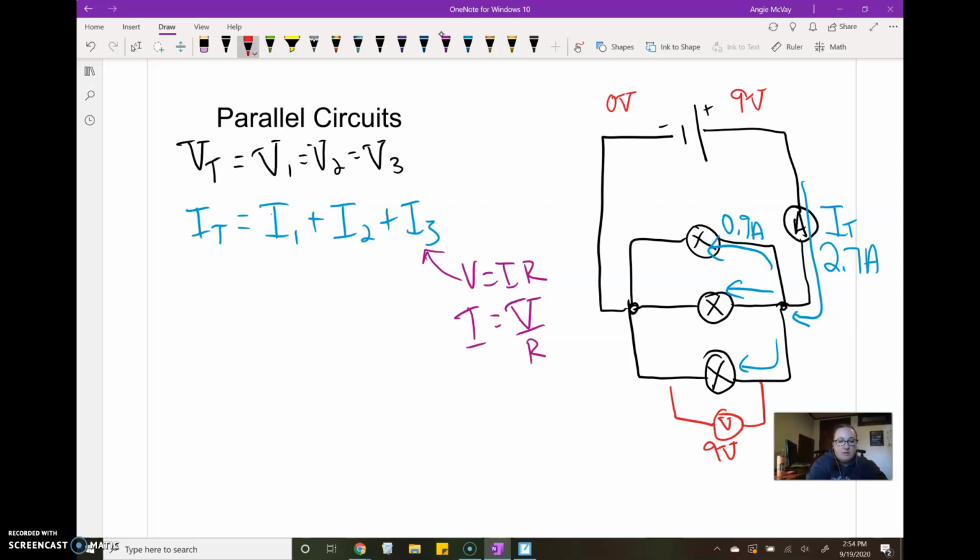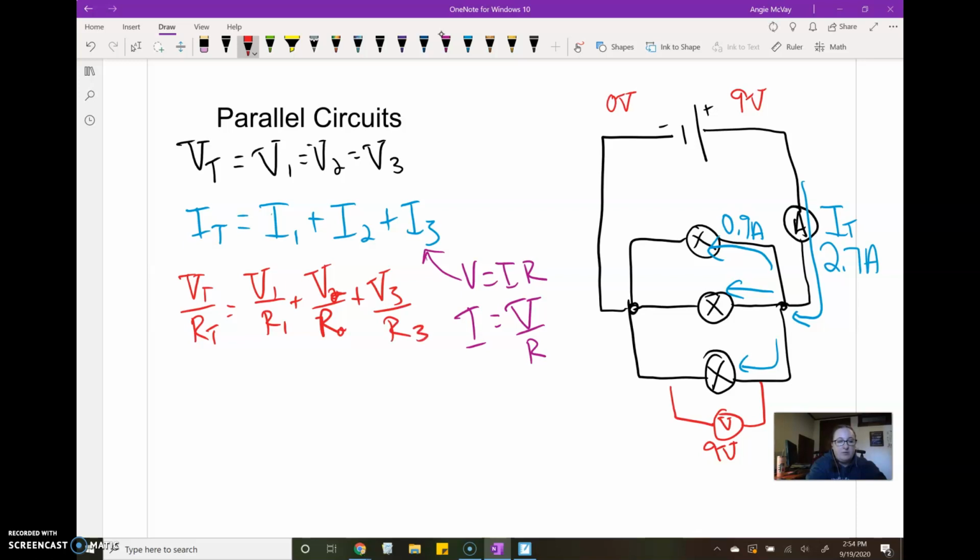All right, so we would get V total over R total equals V1 over R1 plus V2 over R2, plus V3 over R3.